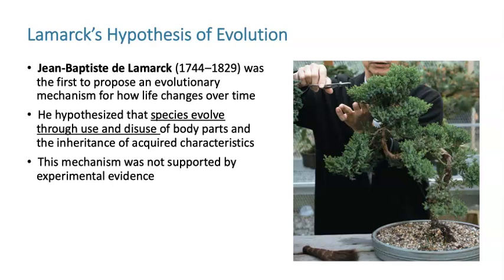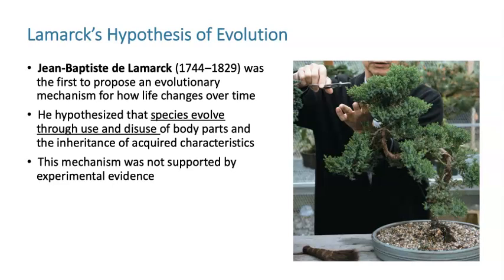But the important thing here is that he came up with a way that he thought evolution could occur. What he hypothesized was that species evolve through use and disuse of body parts. His idea was called the inheritance of acquired characteristics.